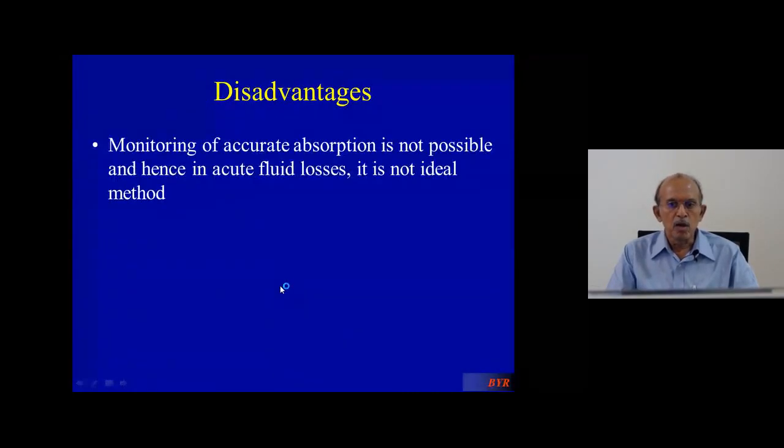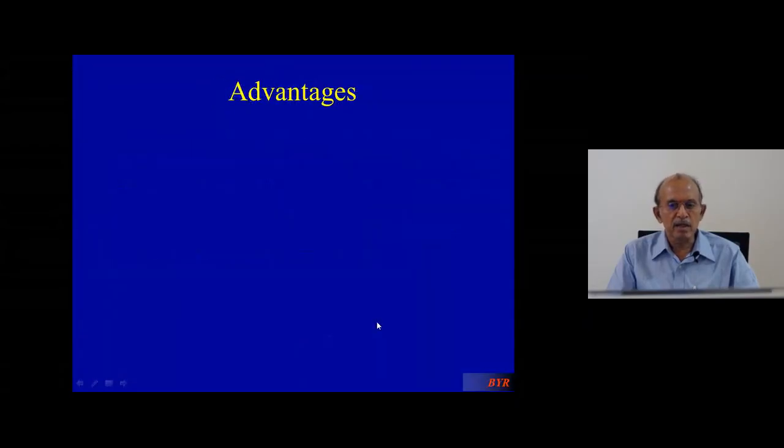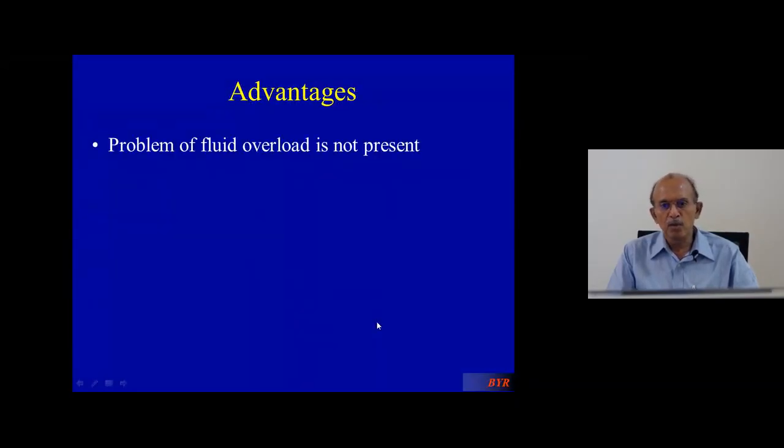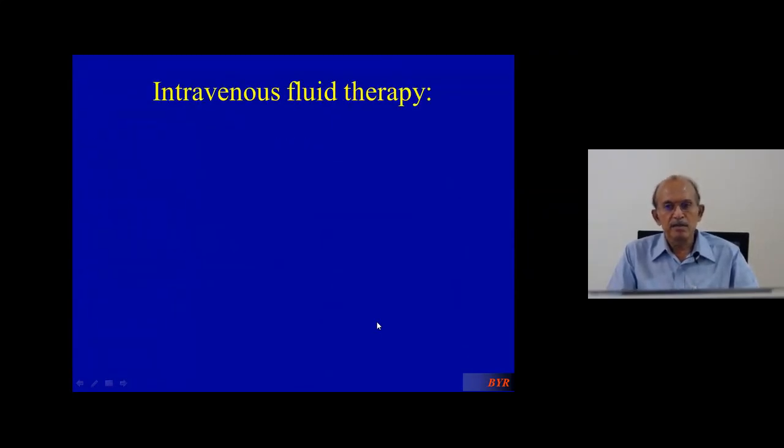Disadvantages: monitoring of accurate absorption is not possible, and hence in acute fluid losses it is not an ideal method. It is not possible to administer in obstructive disorders of the gastrointestinal tract. Advantages: the problem of fluid overload is not present, and it stimulates gastrointestinal motility, epithelial integrity and secretions.